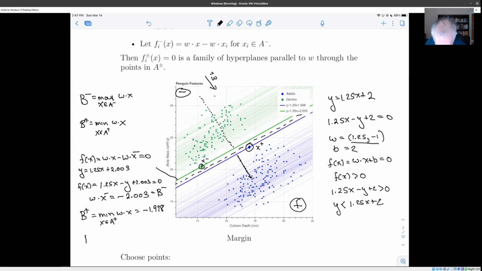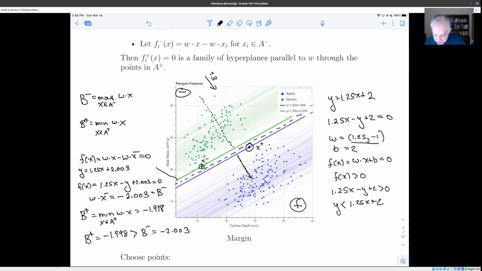And as you see here, b plus, which is minus 1.998, is bigger than b minus, which is minus 2.003. So as we wanted, these points are linearly separable, and we do find that b plus and b minus are in the correct order.